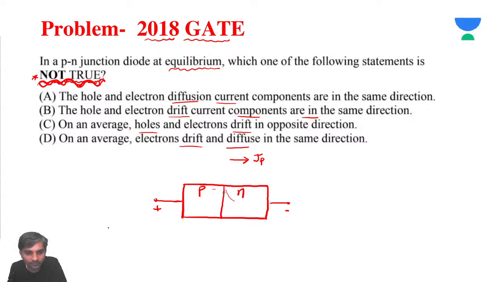The electrons will diffuse from N to P. This is the electron direction. Understand very clearly, have patience. When the electrons are moving in this direction, their corresponding current is going to be in the opposite direction. So this is Jn diffusion.